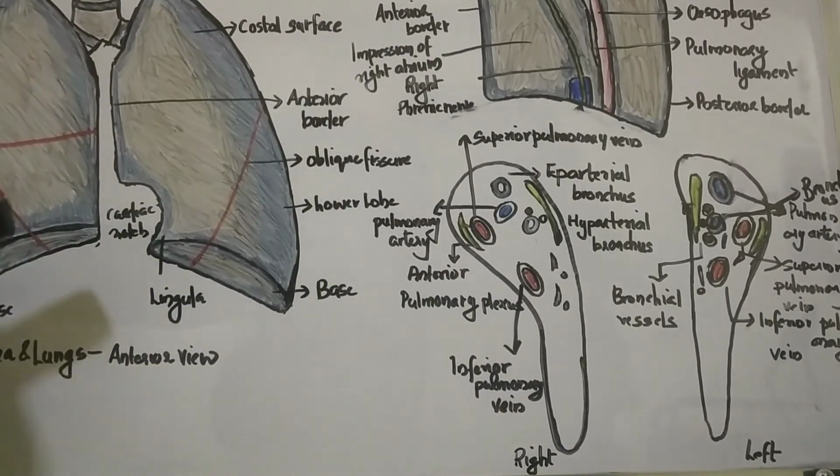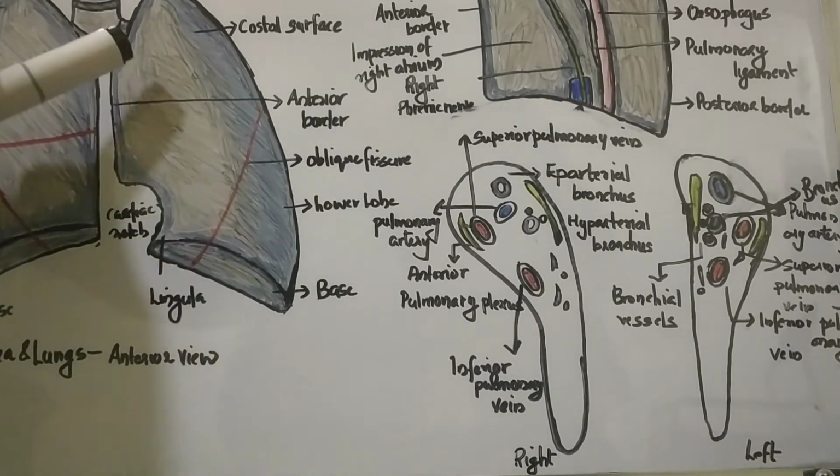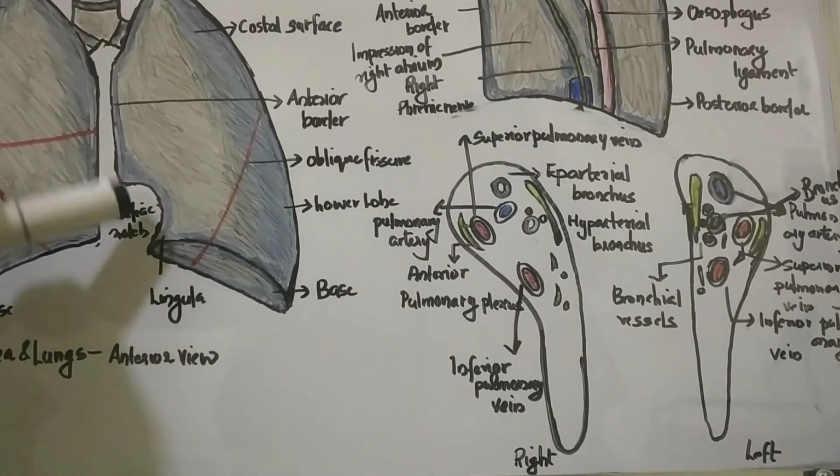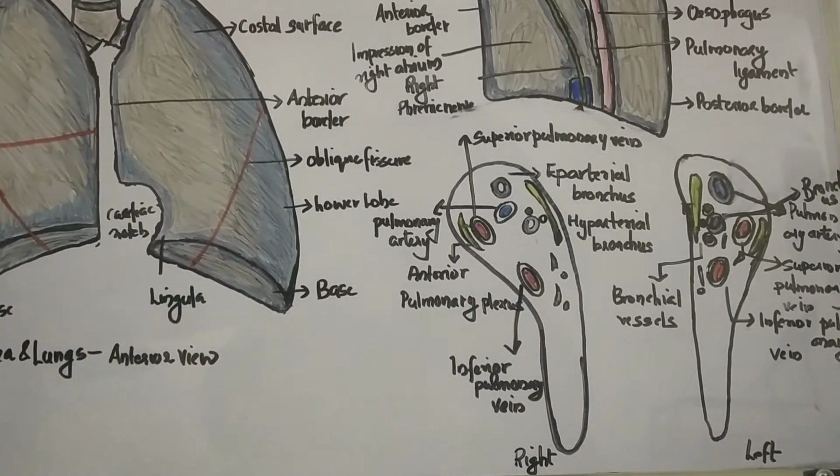And the anterior border of the right lung is continuous, but the anterior border of the left lung has a cardiac notch. So these are the differences between the right and the left lungs.